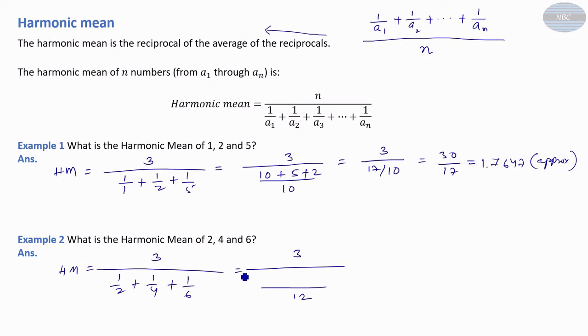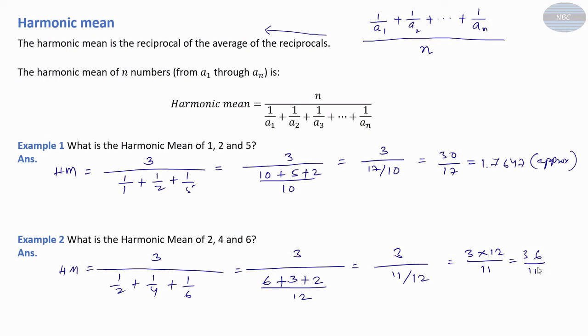We have 2 sixes are 12, 4 threes are 12, 6 twos are 12. So we have 6 plus 3 plus 2, that is 11 by 12. So this is equal to 3 into 12 by 11, which is 36 by 11.